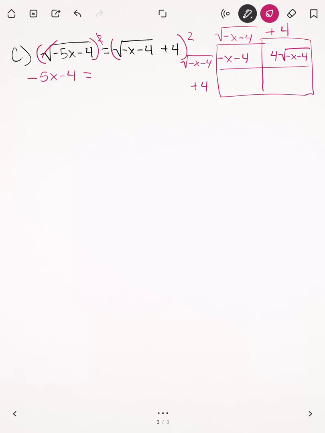Okay, again, we have 4 times the square root of negative x minus 4, which is just 4 square root of negative x minus 4, and 4 times 4, 16. So when we do this and combine our like terms, we get negative x minus 4 plus 16, which gives me a positive 12, plus 4 rad negative x minus 4.